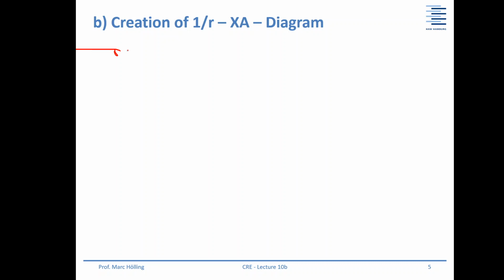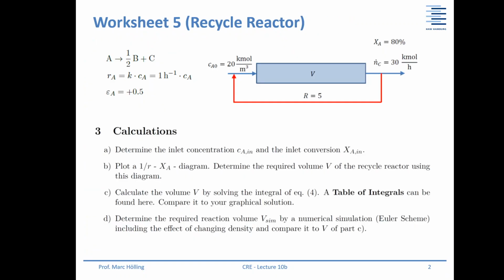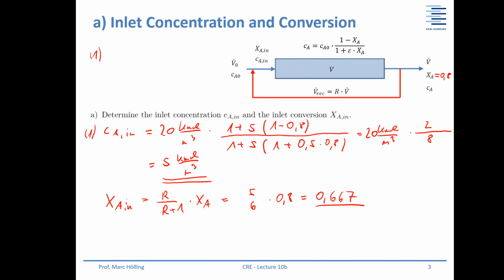Yeah, the reaction rate is just K times CA. And what was about CA? Okay, here you can see how our concentration depends on the inlet concentration and on our conversion.